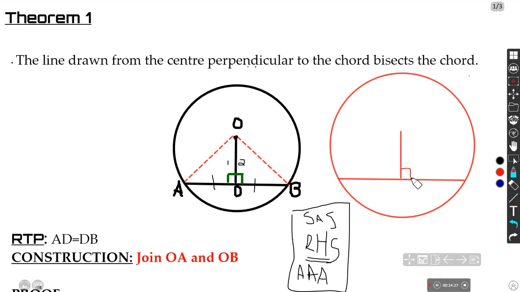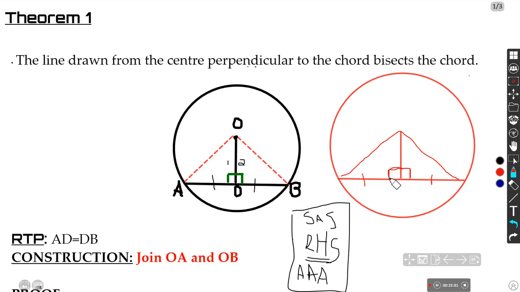Perpendicular to the chord, right? What does it do? It bisects the chord, meaning it's going to be equal. And then that's when you can draw your triangle and so on. This is a trick that I usually do in order to remember it. You start by drawing your chord, then without looking at the statement, you say the line from the center perpendicular to the chord.